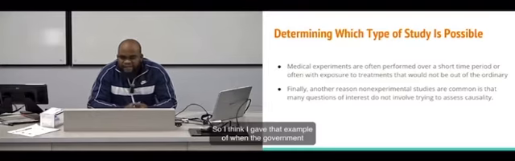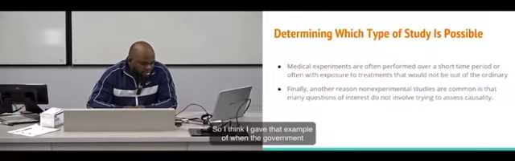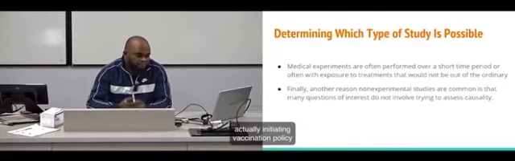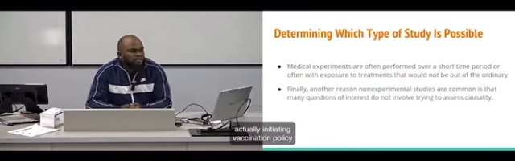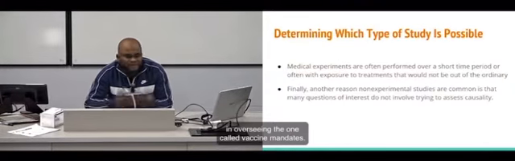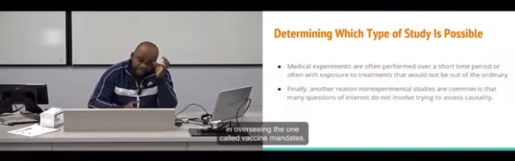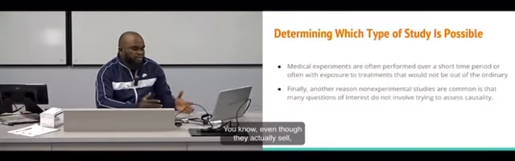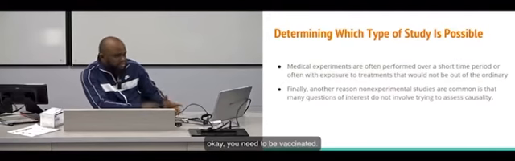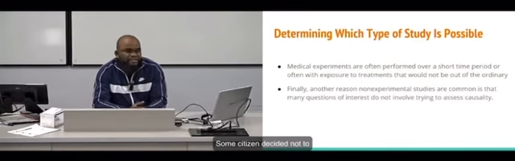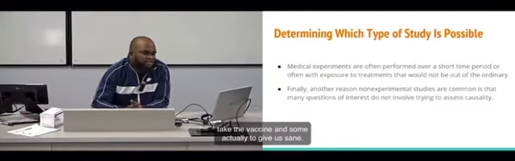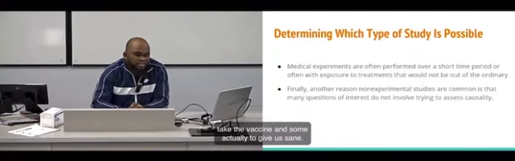I think I gave an example of when the government initiated a vaccination policy, a vaccine mandate. Even though they said you need to be vaccinated, some citizens decided not to take the vaccines, and some actually took the vaccine.